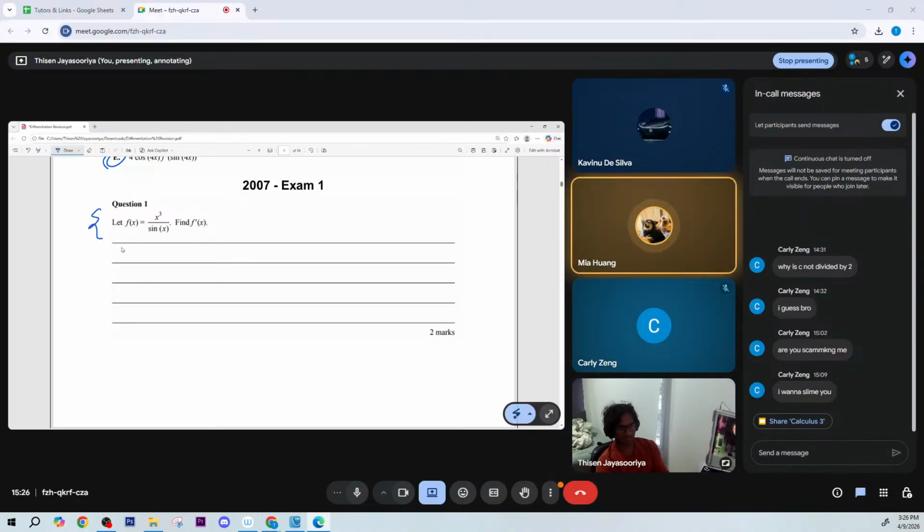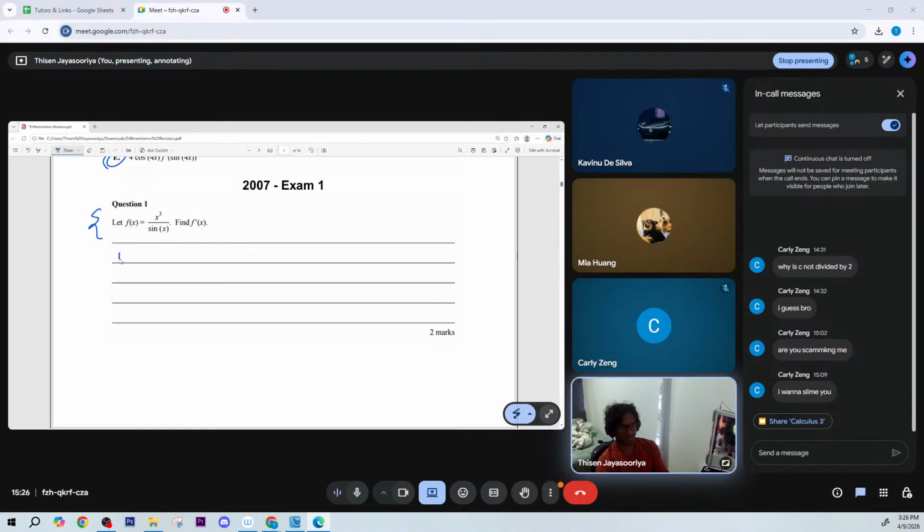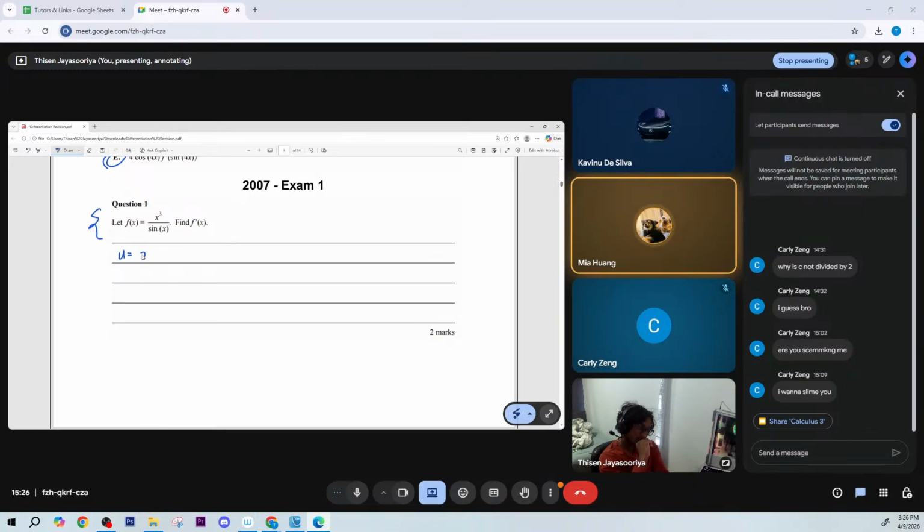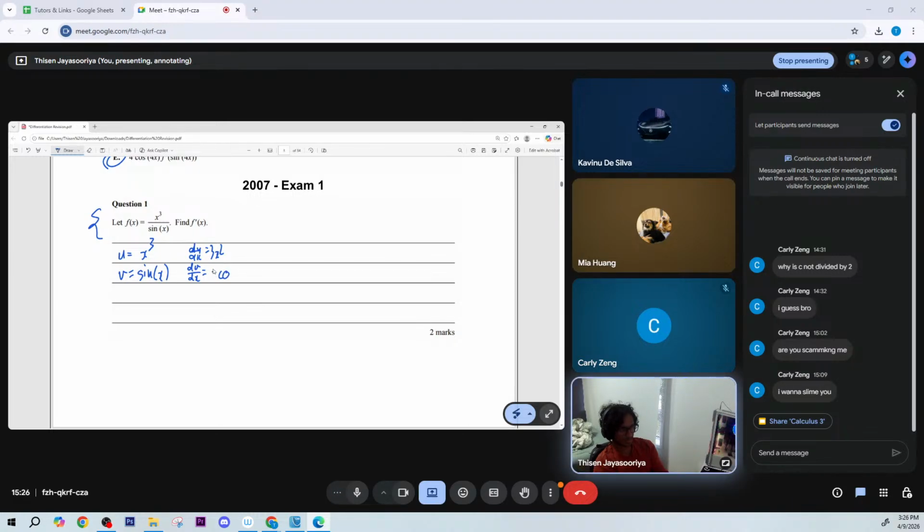What is u equal then? u would be x cubed, and v would be sine of x, and then u dash would be 3x squared, and then v dash would be cos x. I would start looking at the formula sheet because you'll start mixing up the trig functions.